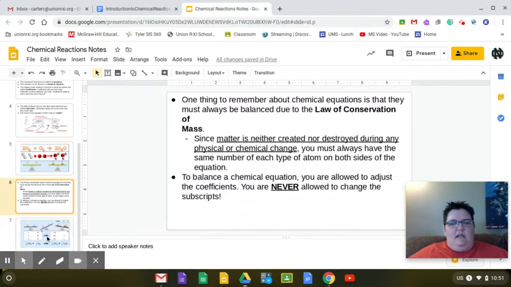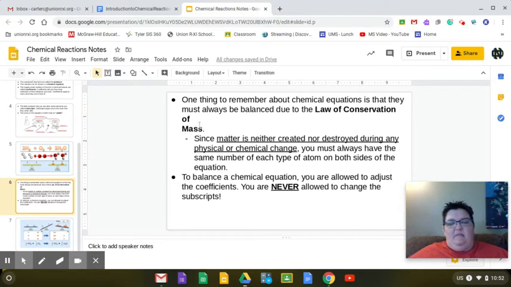Let's see. Next. This brings up a very important scientific law that you're going to come up against again and again when you're in physics, when you're in chemistry. This law is going to be talked about all the time, okay? And that is the law of conservation of mass, okay?